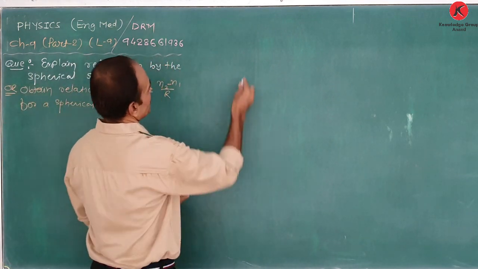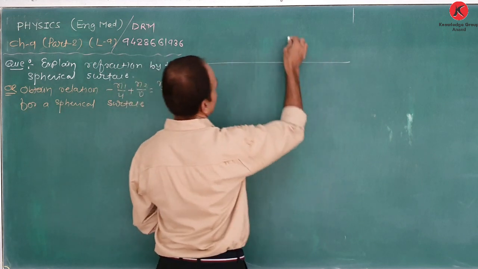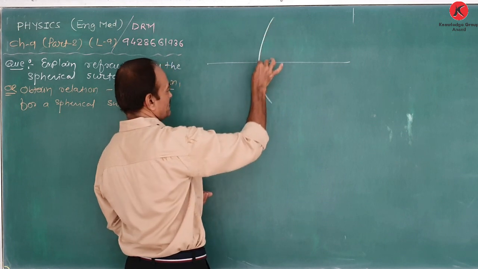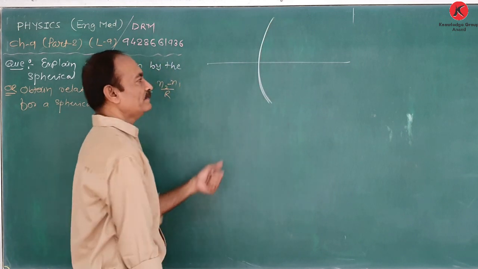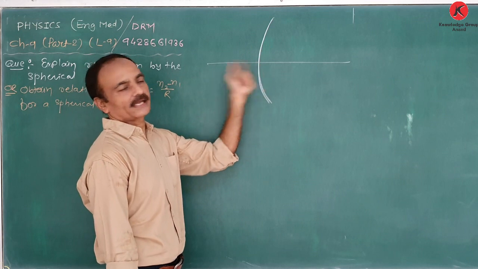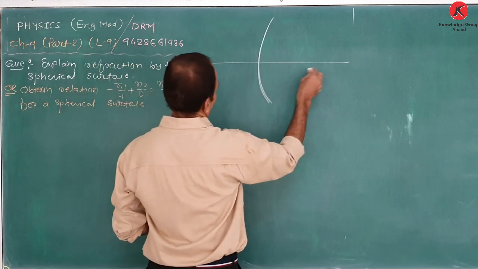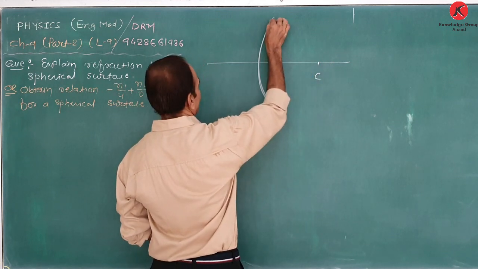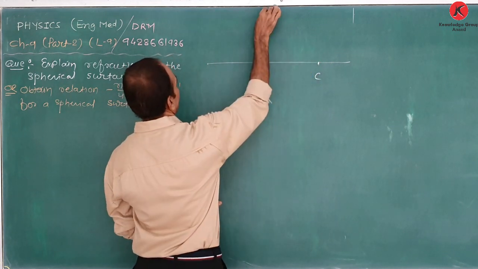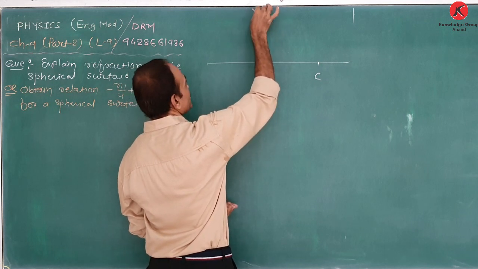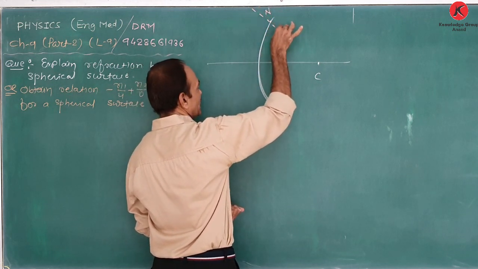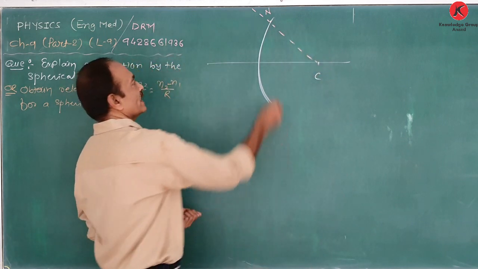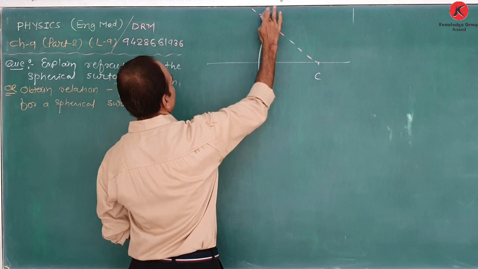There is the principal axis, there is the surface separating the two media, that is the spherical curve, and the surface is concave. There is the center of curvature C, and the point N. Joining N and C, NC becomes the normal at the point of incidence N.